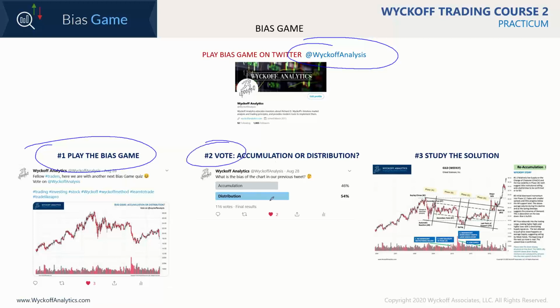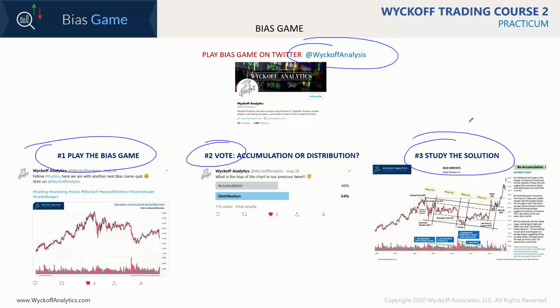Then you could vote with your fellow students on our Twitter as to what bias you think this trading range is, accumulation or distribution. Sometimes we would have other bias games, on security selection and other topics.